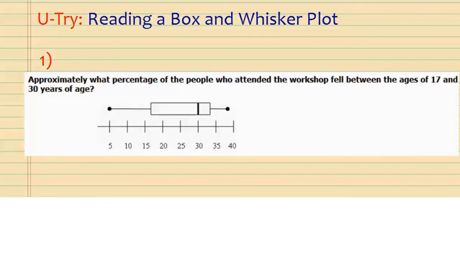Here's your U-try. We want to find the range of 17 and 30. Assume that this is 17. Think about the quartiles.